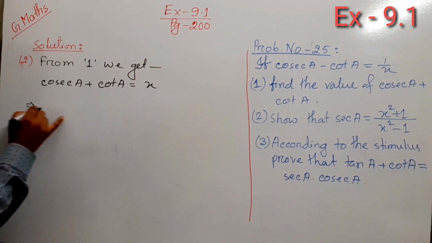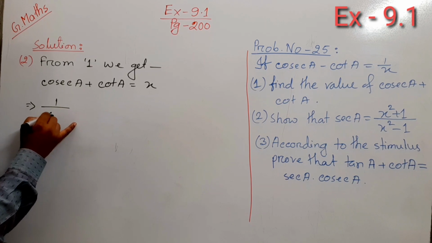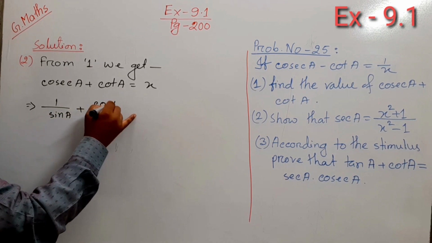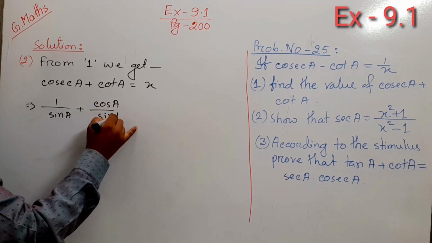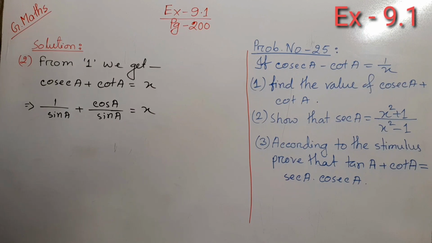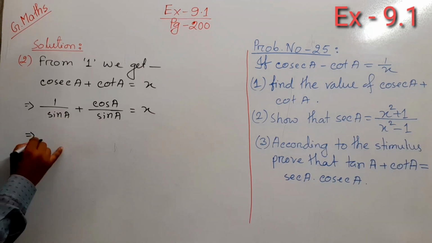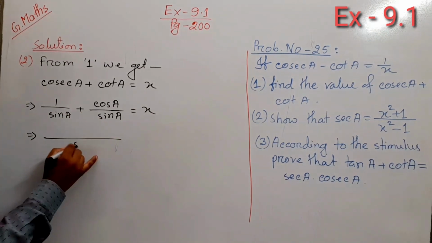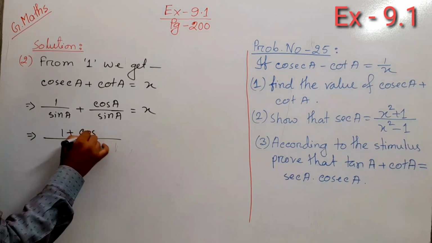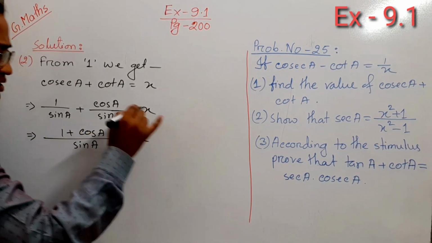So we can write it like this: 1 by sin A plus cos A by sin A. We know cosec A equals 1 by sin A and cot A equals cos A by sin A. Now add these two fractions, LCM will be sin A, numerator 1 plus cos A equals x.